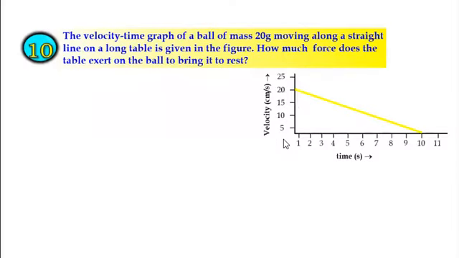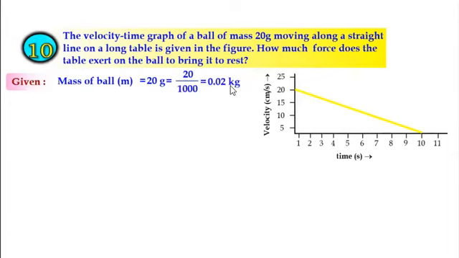Given data, the mass of the ball is how much? 20 grams. Convert into kg, that equals 20 by 1000, that equals 0.02 kg. Now, what is the initial velocity of the body?